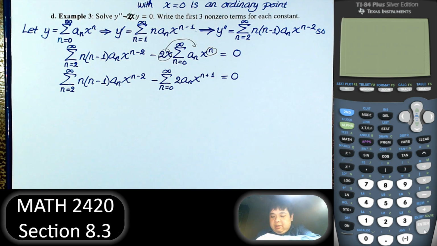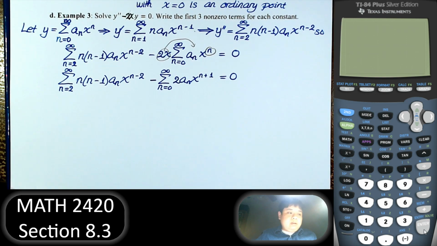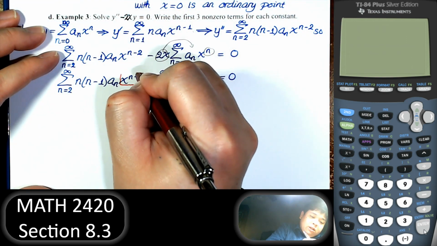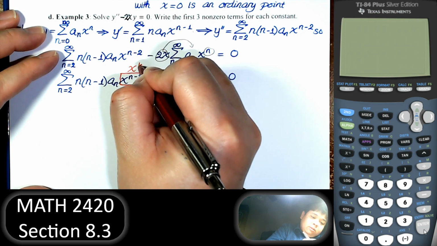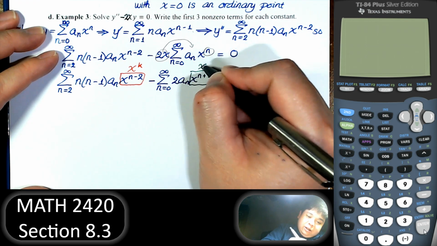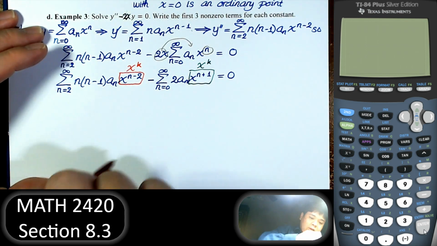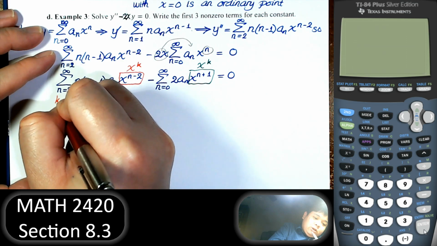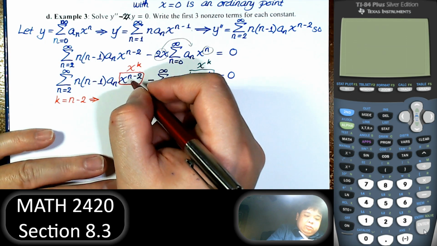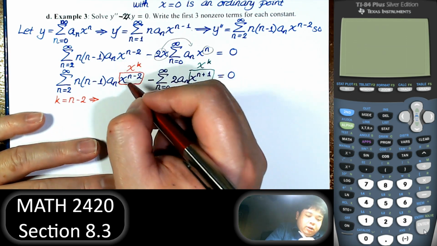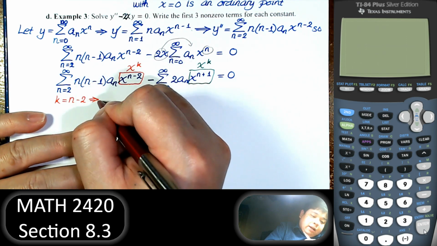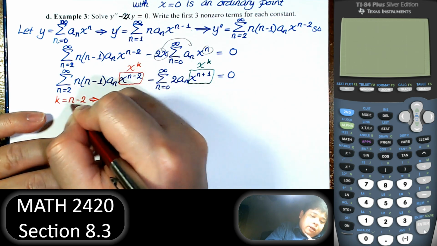Right, now the index. This one to x to the k, this equals x to the k. So k equal to n minus 2 and n equal to k plus 2.